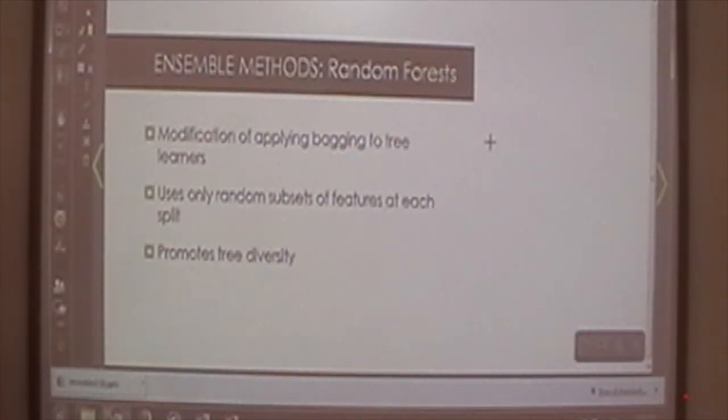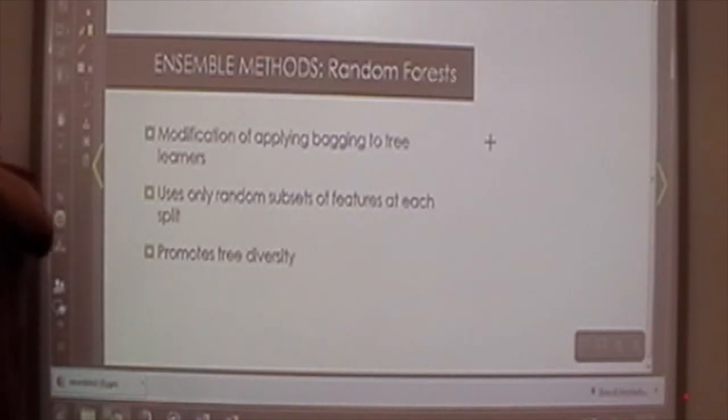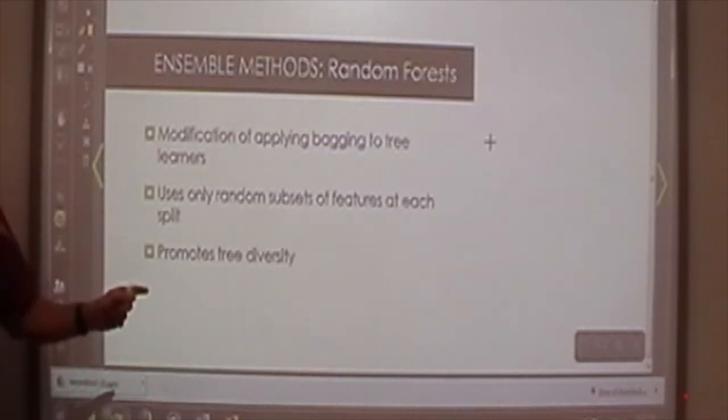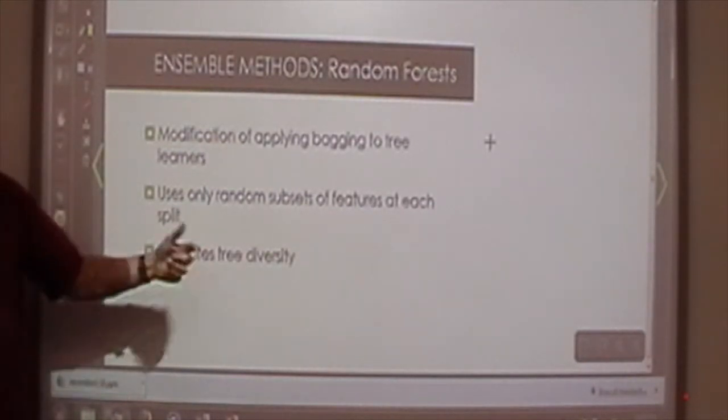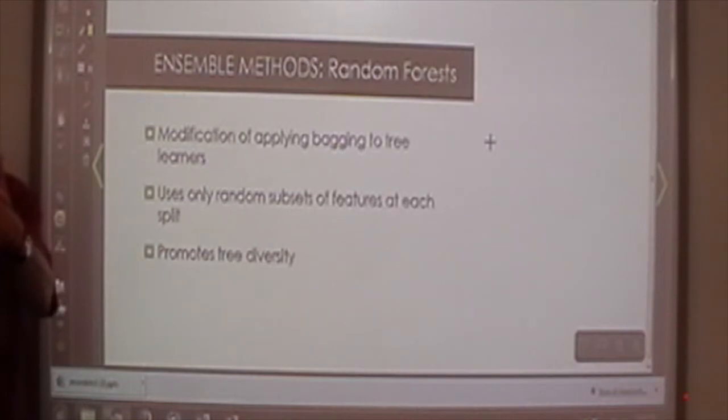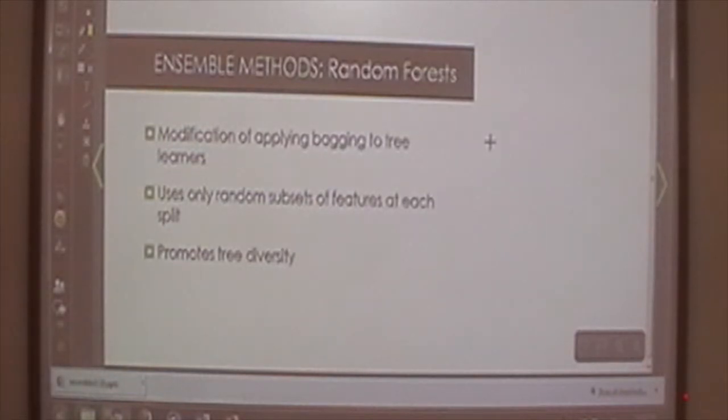So here's the point, exactly as I just described, Drew. By doing this, you're promoting tree diversity, so it's not always the same tree. And then you apply each tree and so on.